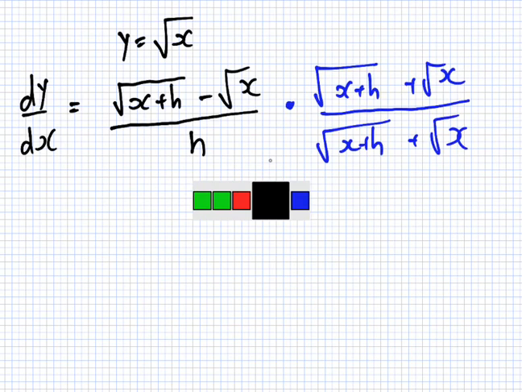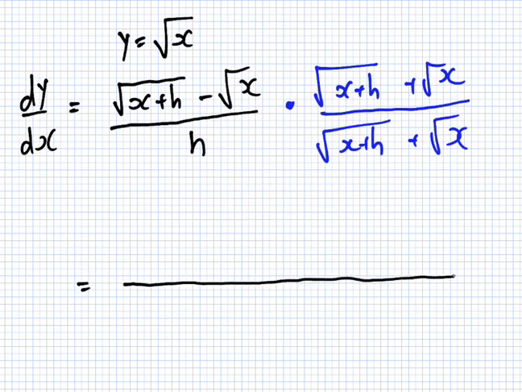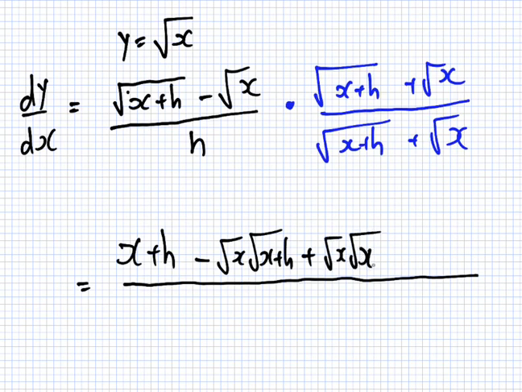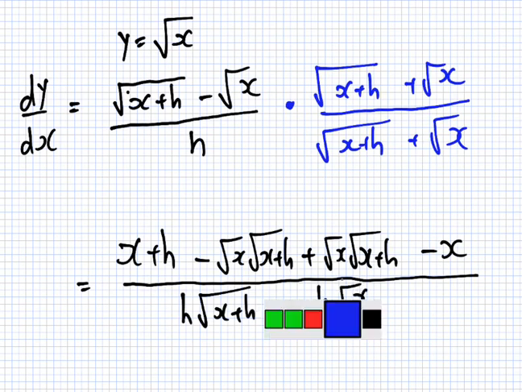So when I multiply the top, I'll get root x plus h times root x plus h, which is x plus h, and then you'll end up getting minus root x times root x plus h plus root x times root x plus h minus x. And on the bottom you'll just get h root x plus h plus root x.